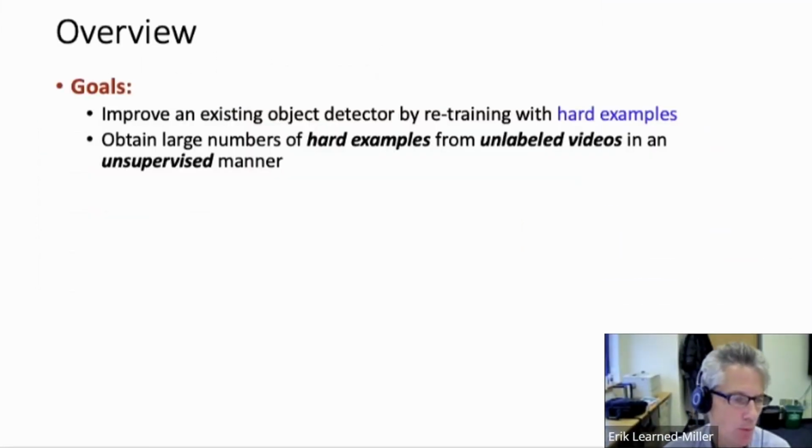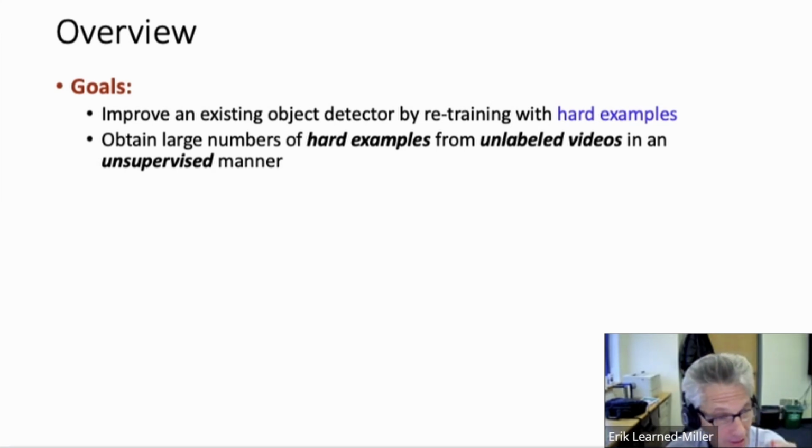So here's what we're going to try to do. We're going to take an existing detector, in this case either a face detector or a pedestrian detector, and we're going to retrain it with hard examples. I've already talked about what that means. But how are we going to get those hard examples?